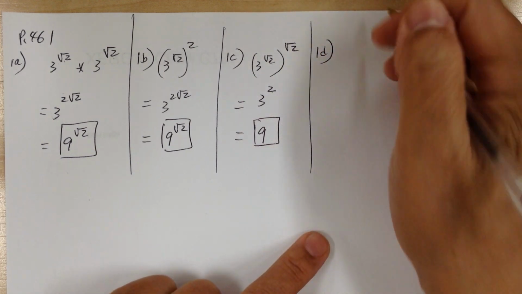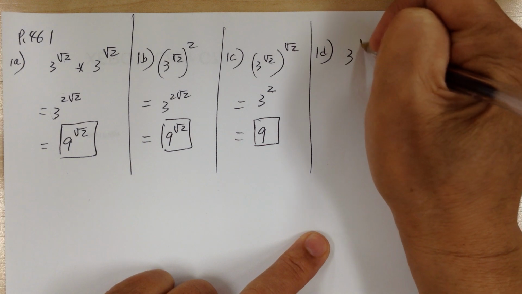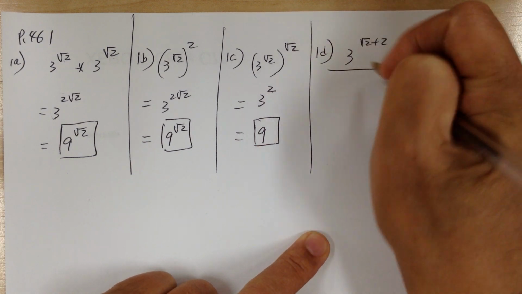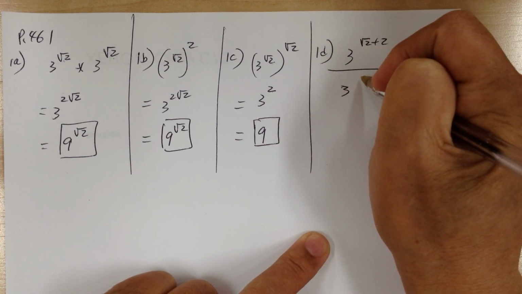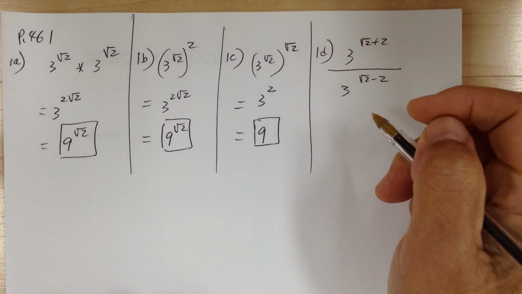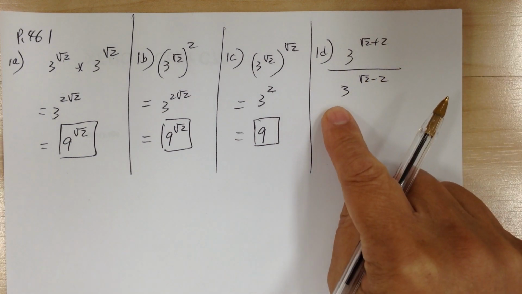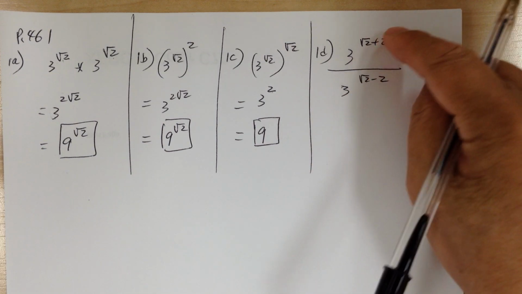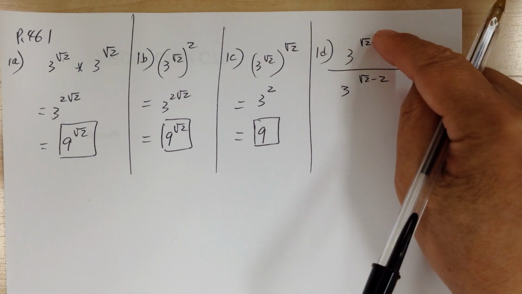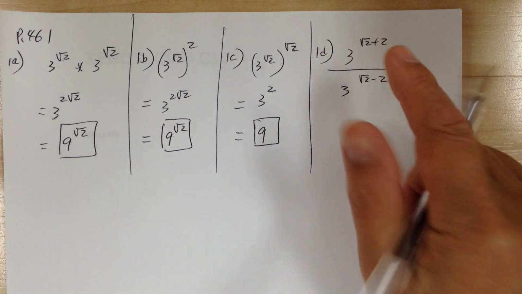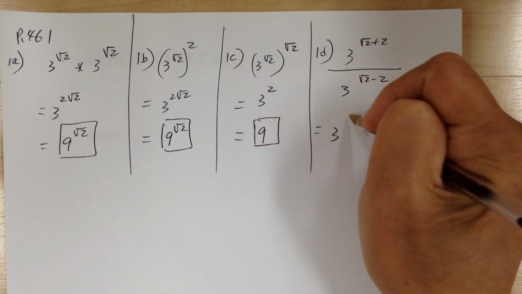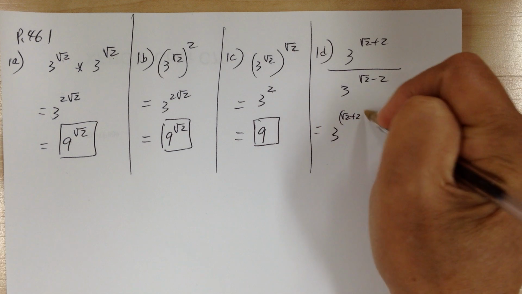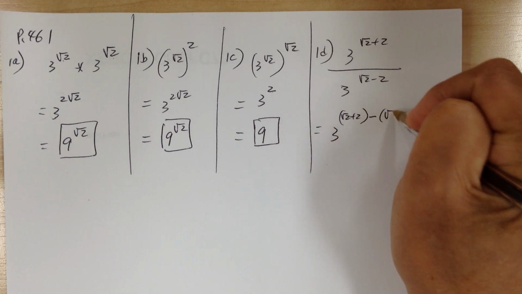Okay, 1d. You got 3 to the square root of 2 plus 2 over 3 to the square root of 2 minus 2. Now you have to be very careful with this. This is the division, so you have to use the quotient rule. When you're doing the quotient rule, you have to use this minus this, but you have to watch out for the sign. So this is equal to 3 to the square root of 2 plus 2, that's the top, minus the bottom.